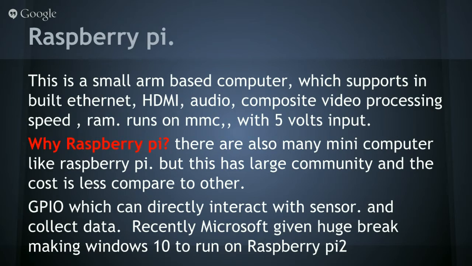This is a display module, like if you have an LCD display. This is the camera module, so you can attach a camera also. And this is the power input. I'll show you how it works.